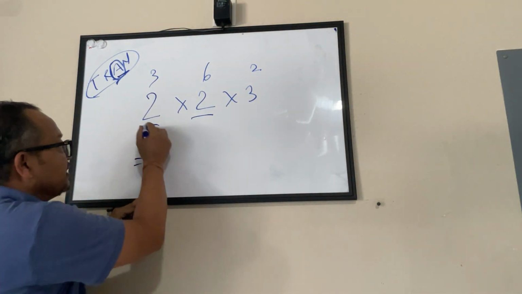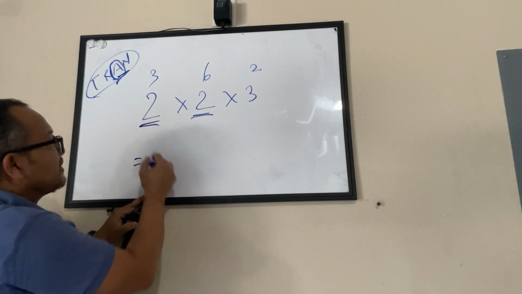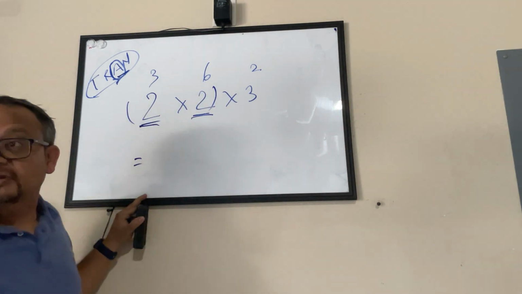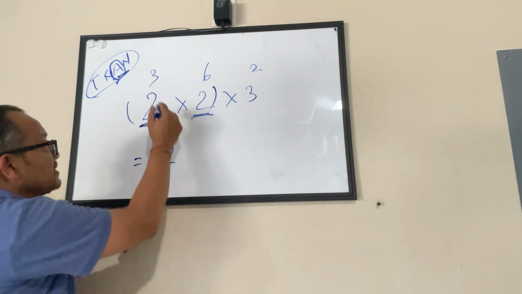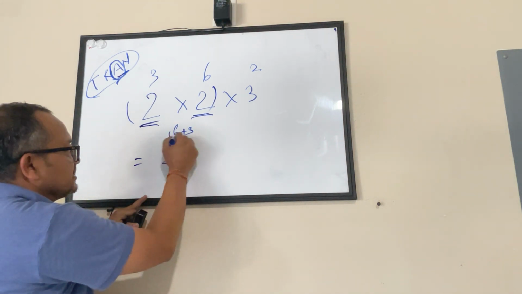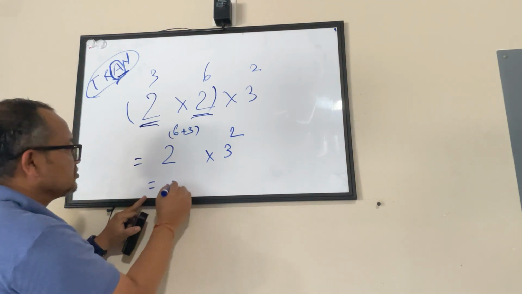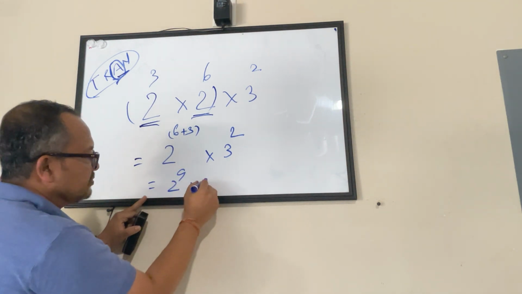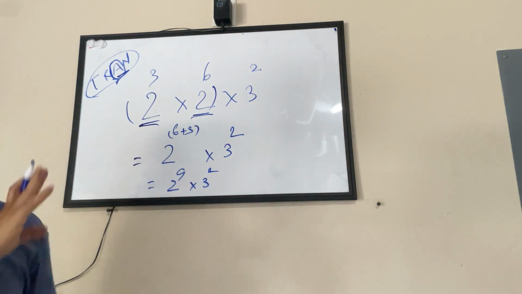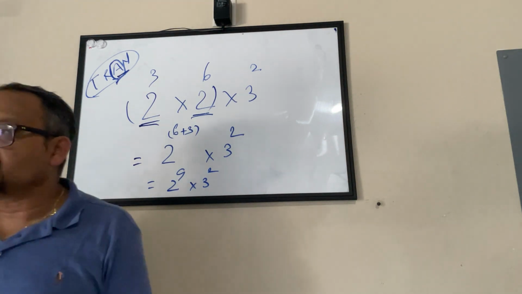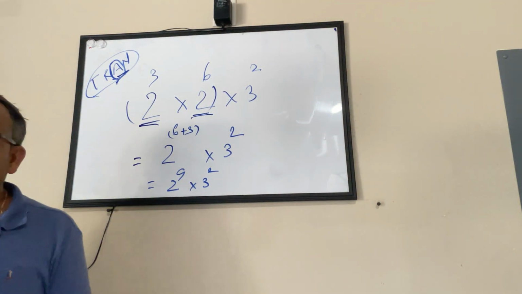When you say, okay, fine, 2 to the power 3 and 2 to the power 6, this I can treat separately. So it becomes 2 to the power 6 plus 3 into 3 to the power 2. So this is 2 to the power 9 into 3 to the power 2. Now you can break it, multiply it, whatever you want to do, but don't use exponents theory here.